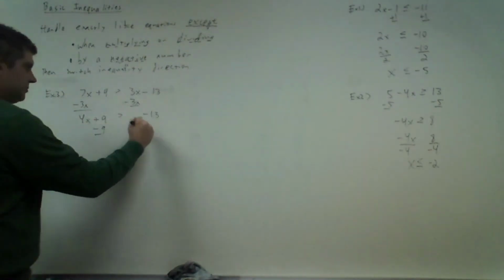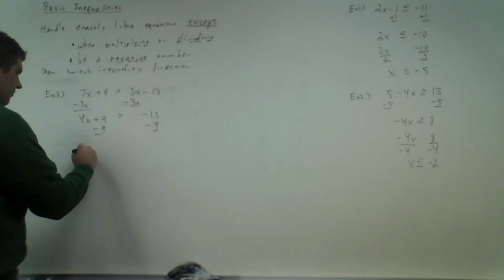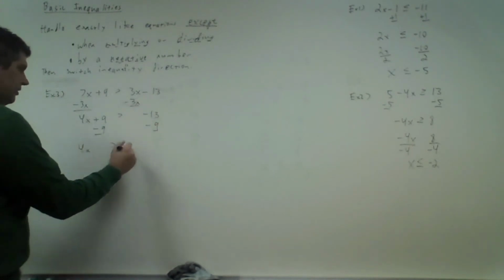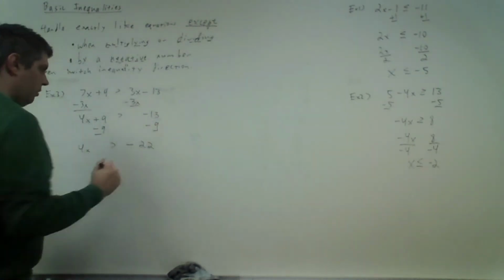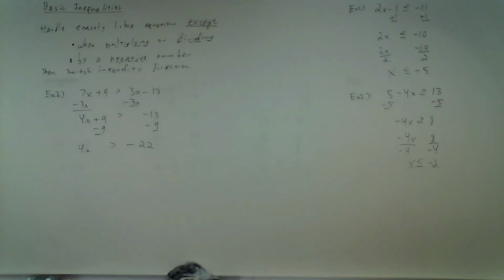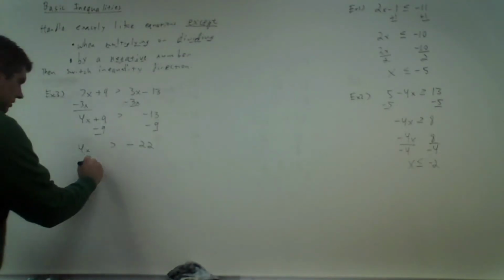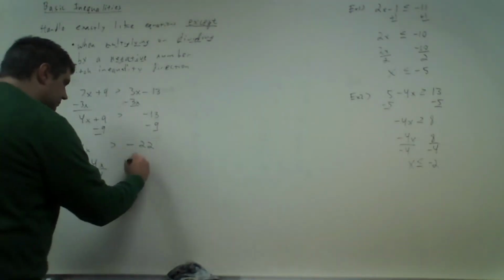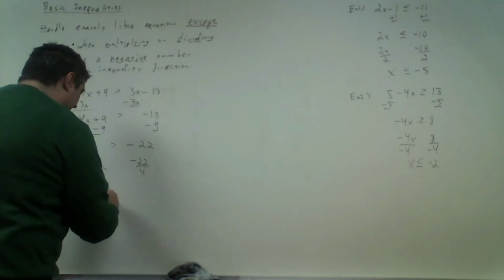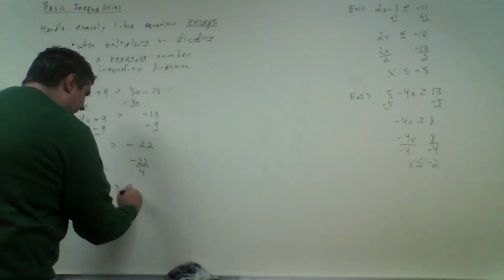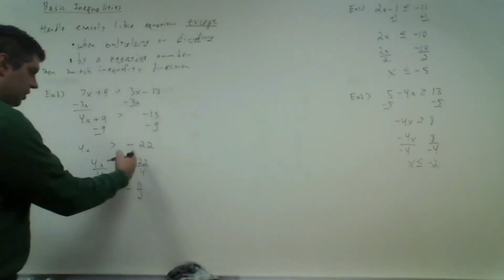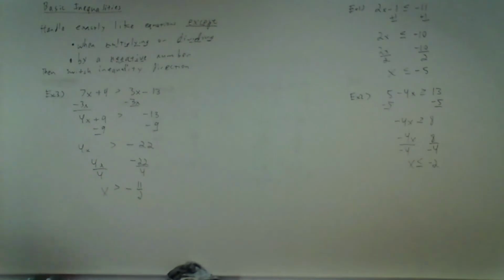Subtract your 9, and now we have 4x is greater than negative 22. Divide off your 4. And x is greater than negative 11 halves when you reduce. Okay?